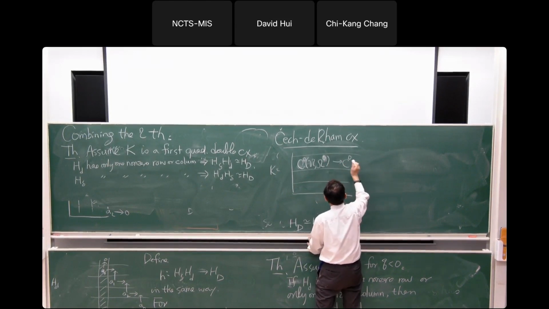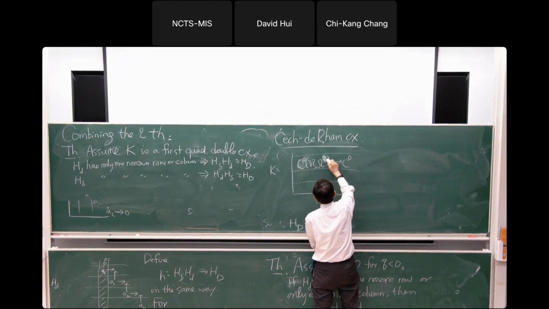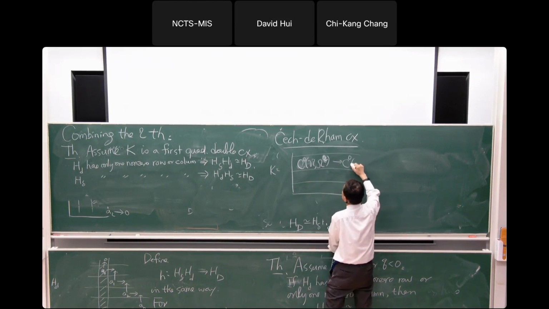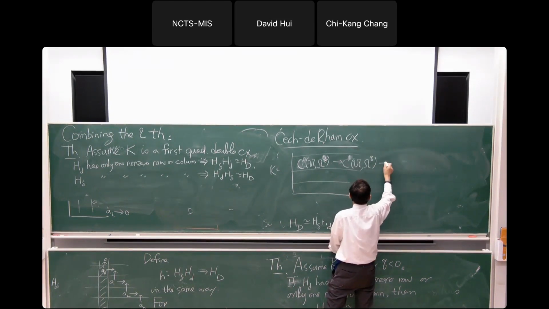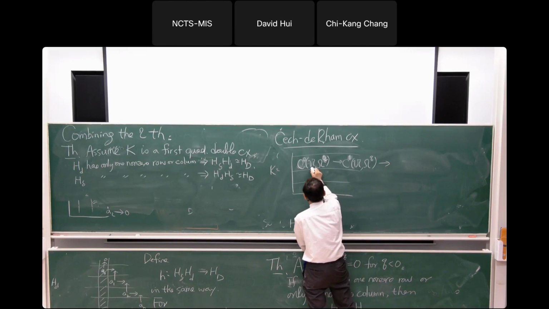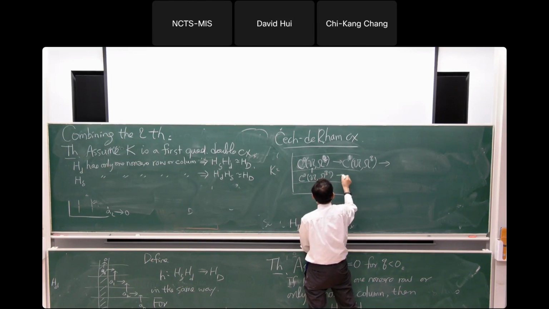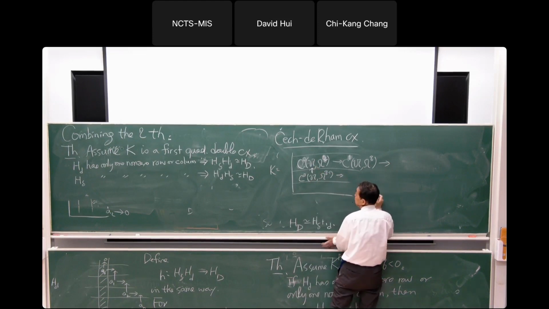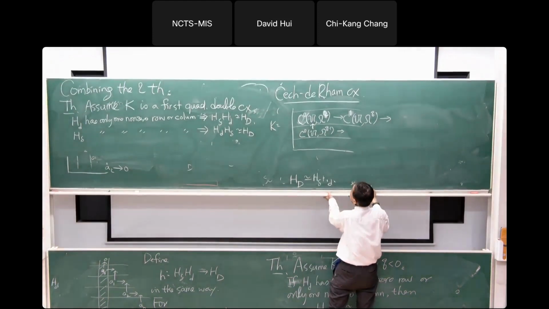Here is 0, and here is Q. The Qth row goes to C1 omega Q, and it comes from C0 omega Q minus 1. Okay, so that's the Čech-de Rham complex.